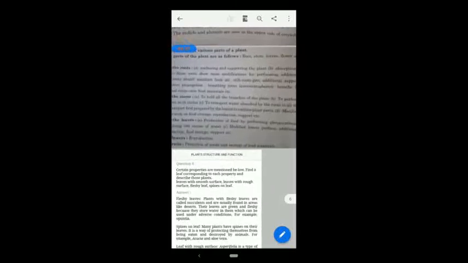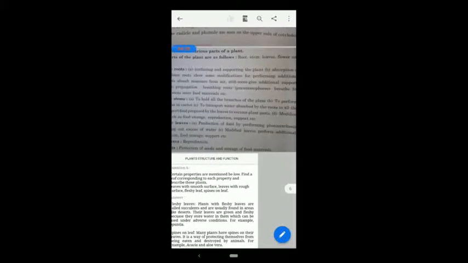Now we'll go with the roots first. Function of roots. So what will be the basic function of root? Anchoring and supporting the plants. As we have discussed, the plant's roots take growth inside the soil and they penetrate deep into the soil to give firm support to the plants so that they can withstand the wind and rainy season and they will not uproot easily.